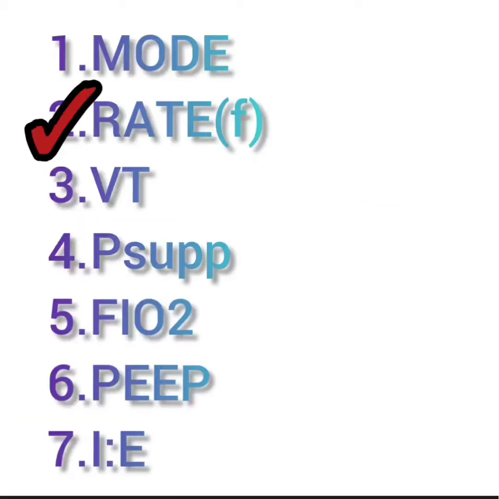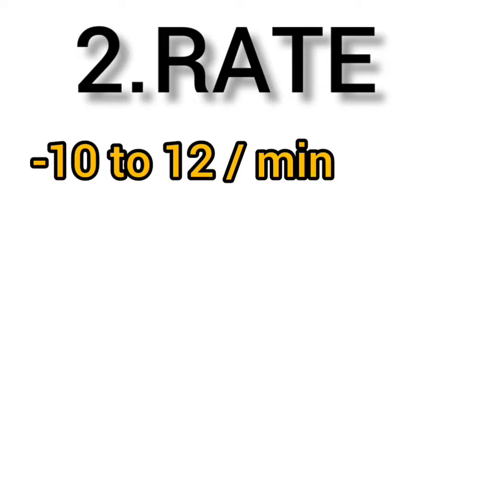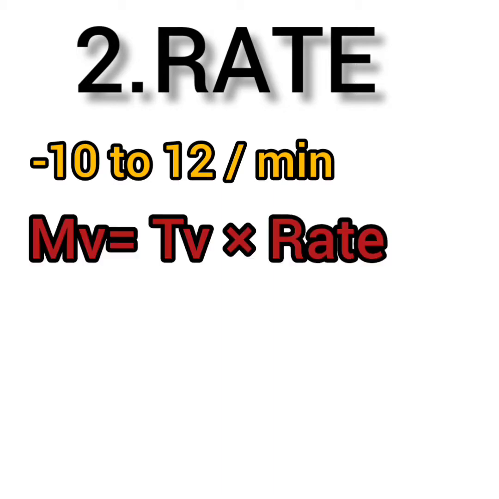The next parameter is frequency or rate, which is indicated by the symbol F. It should be set at 10 to 12 breaths per minute and adjusted according to the ABG PCO2 value. If PCO2 is high, increase the rate, because by increasing the rate we can wash out the PCO2, since minute volume is directly proportional to tidal volume into respiratory rate.